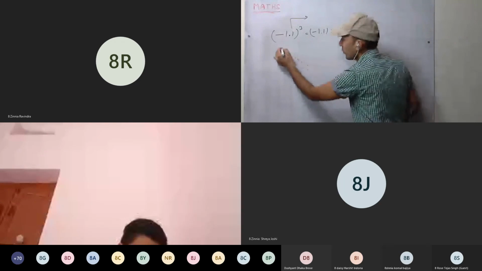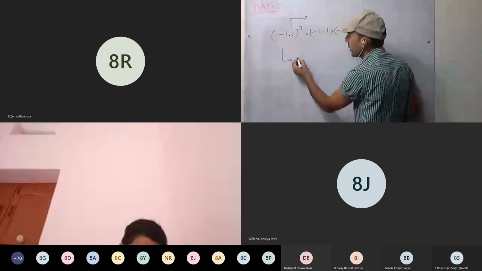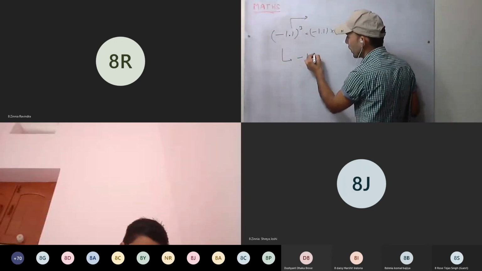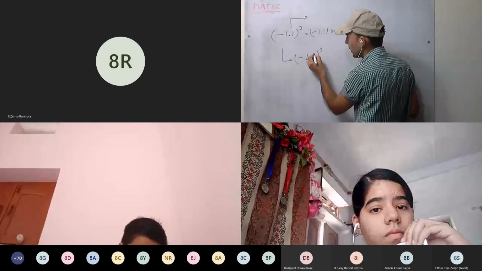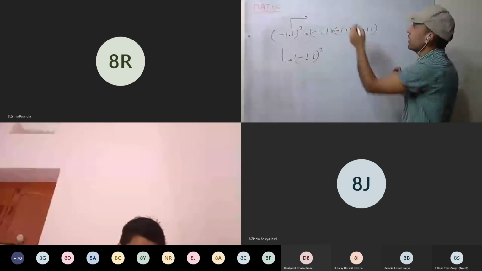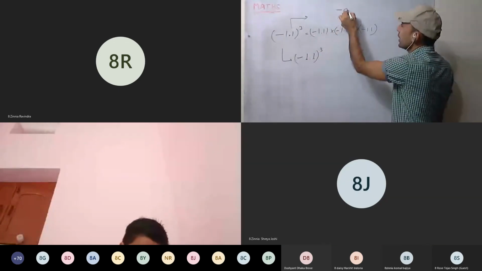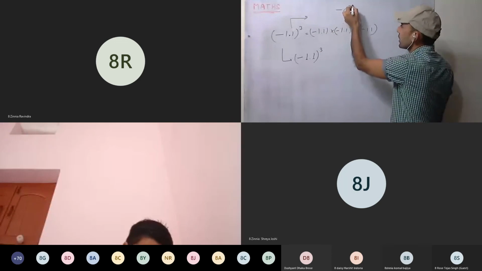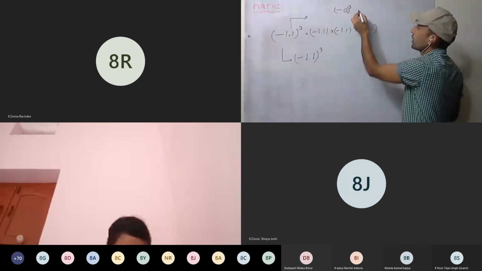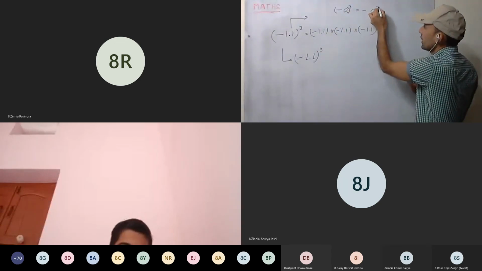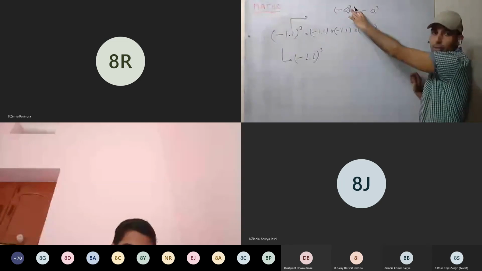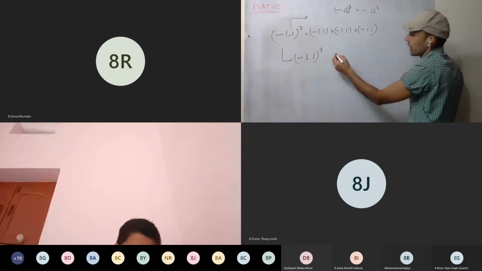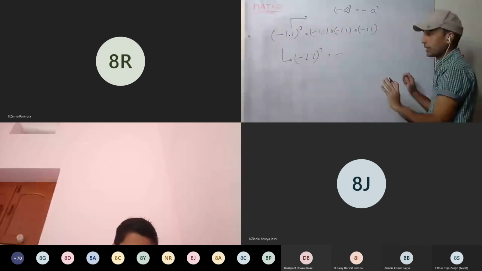Now, or we can do it this way: minus 1.1 the whole cube. And what does it mean? Minus a whole raised to power 3. It will be minus of a cube, because the power is odd. Therefore, we can take the minus outside. So take the minus outside.